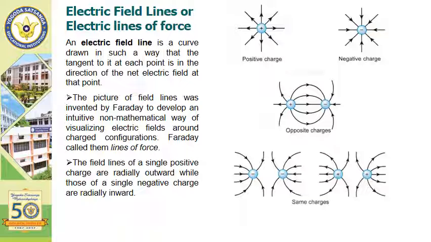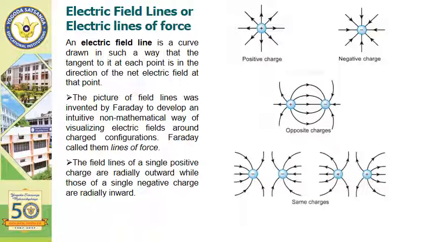Later on we will see the property, but before that, if we have two charges having the same polarity, or we can say they are like charges, these field lines appear as if they are repelling each other. So that we have seen in diagram 4.